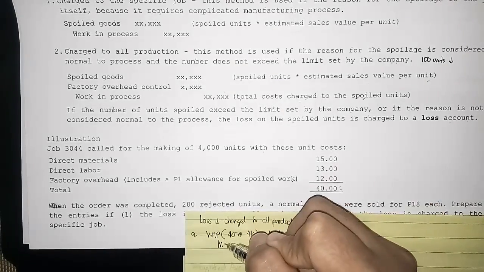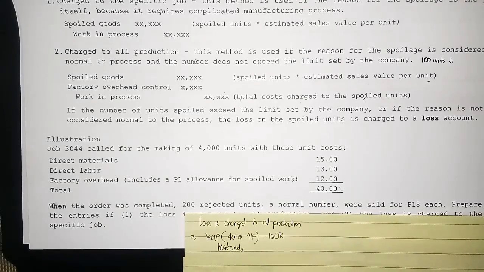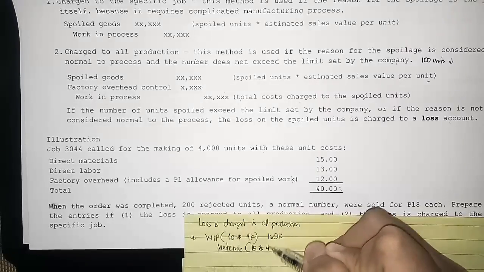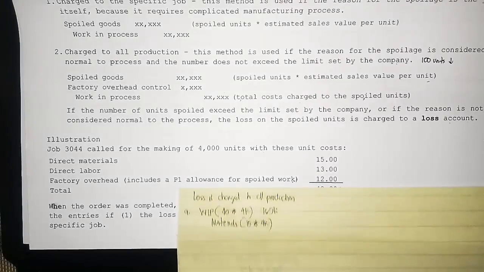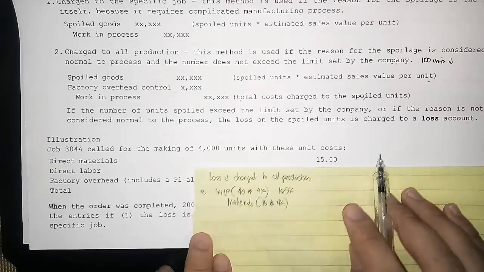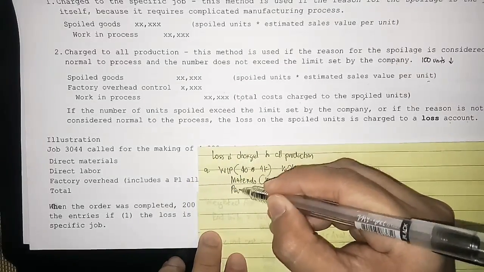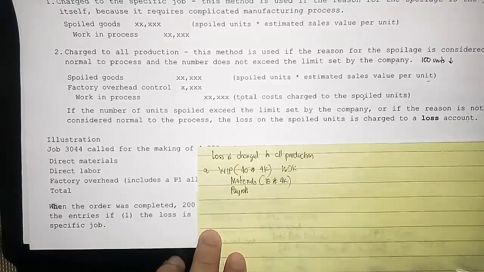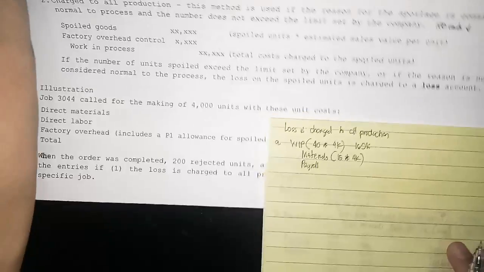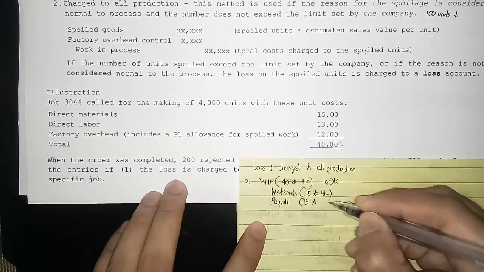Credit materials at what amount? That is 15 times 4,000. Saan galing yung 15? Ito. Credit payroll na anong amount yun? 13 times 4,000.